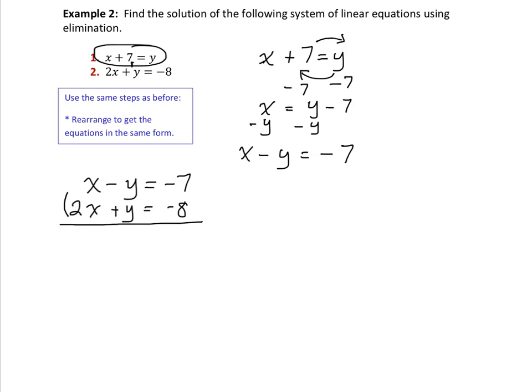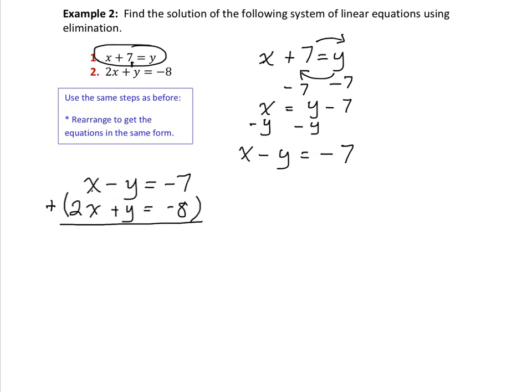So step 3, we need to put the second equation in brackets, and we need to decide, so negative 1y plus or minus y equals 0y. And that is going to be adding. So we're going to put a plus sign out front.